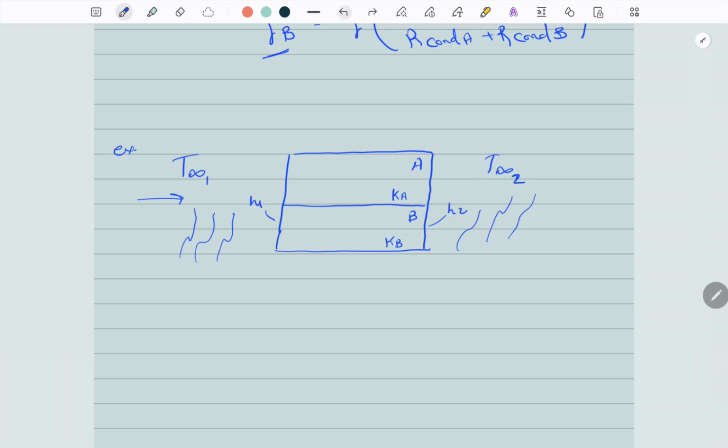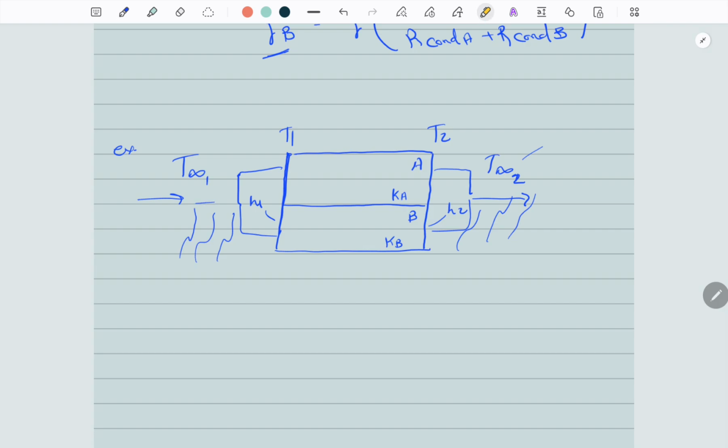Let me redraw this. This section here is our first node, T1, T2, and again T infinity 2 and T infinity 1.